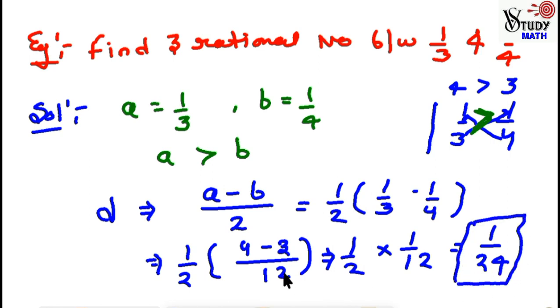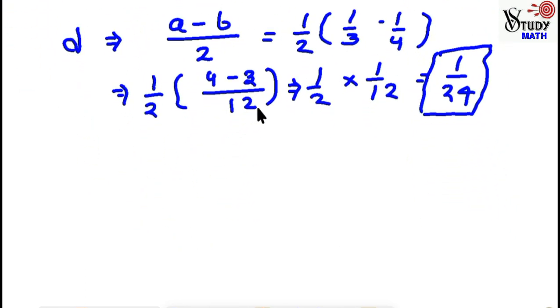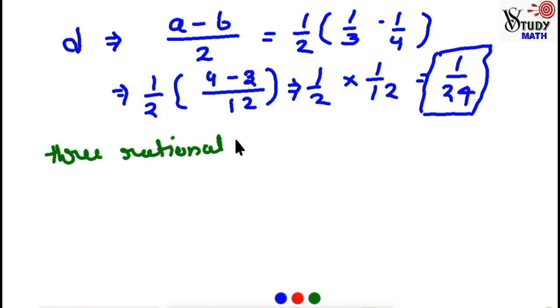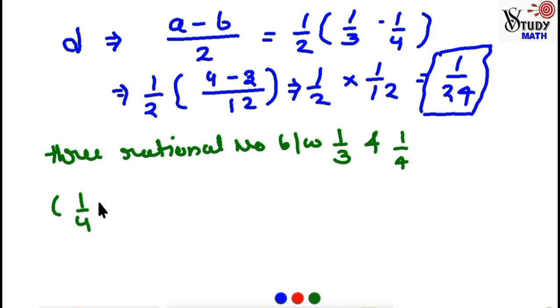So now apply the fourth step. What is our fourth step? Find three rational numbers. So we are going to write here: 3 rational numbers between 1/3 and 1/4. The first number will be the smaller number plus D. So what is our smaller number? 1/4 is the smaller number, so 1/4 plus 1/24.